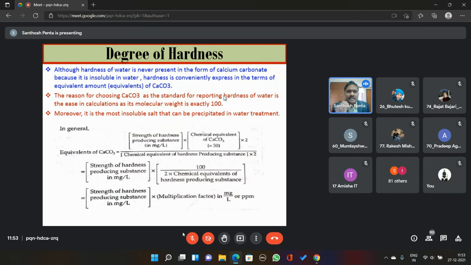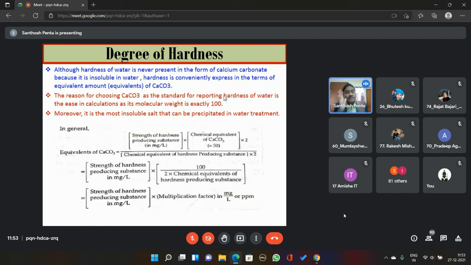Let us assume that a water sample has calcium chloride hardness only. Then after titration, when calculating, or if the strength is given, that should be expressed in equivalents of calcium carbonate. All types of hardness, that is calcium bicarbonate, magnesium bicarbonate, calcium chloride, magnesium chloride, calcium sulfate, magnesium sulfate, should be expressed in equivalents of calcium carbonate. That you have to remember.